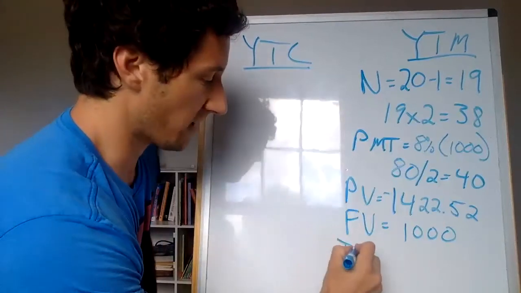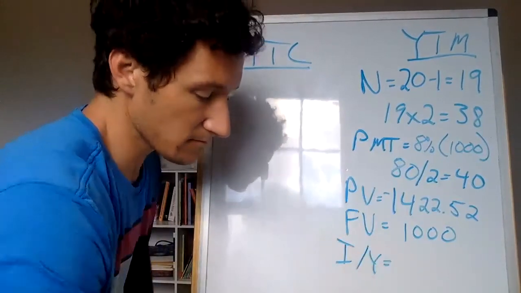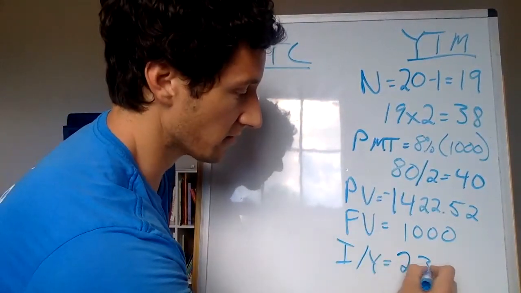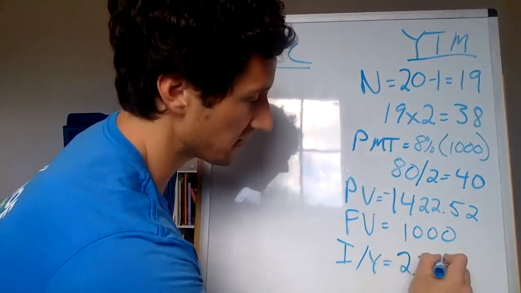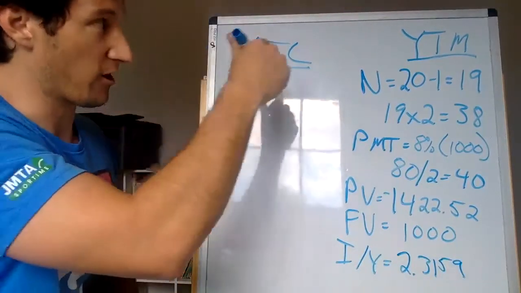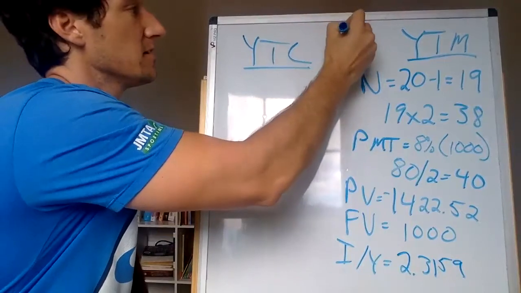Okay, so if you solve for I/Y, I got 2.3159. Multiply it by 2. I'll write it up here for space.